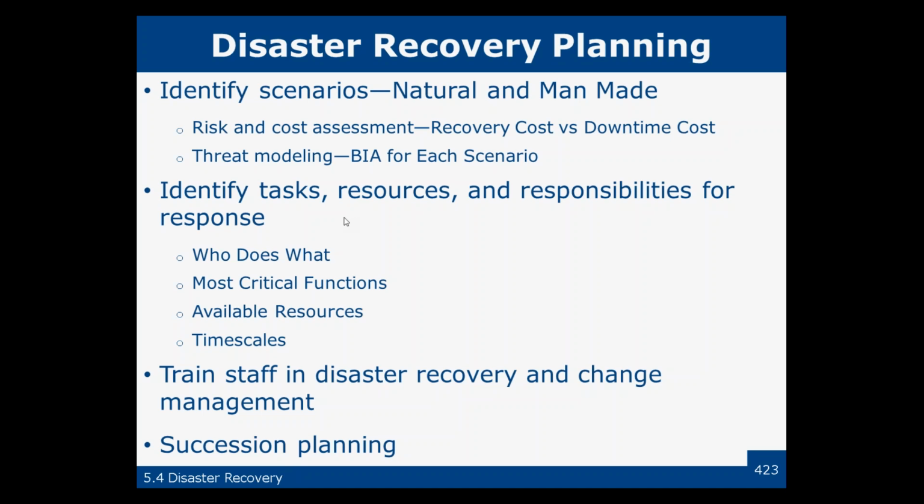The available resources, should they be purchased, held as stock, or will the disaster affect the availability of supplies? Will we be able to get it? If we need a building, do we own it or lease it? Those kinds of things. And then the time scales, what are the time scales for resumption of services?